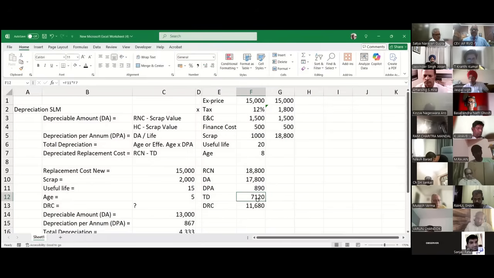What will be the total depreciation? 7,120. And what will be the DRC? 11,680. Okay.